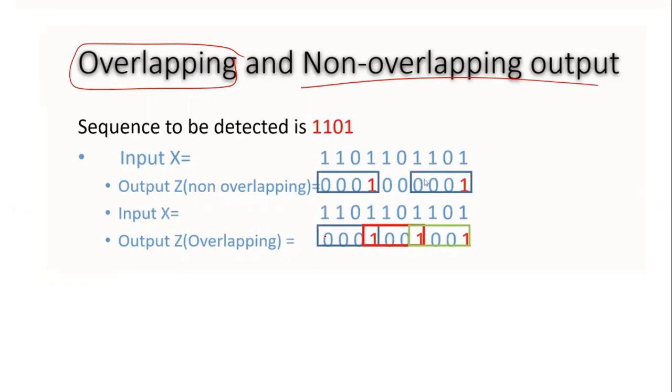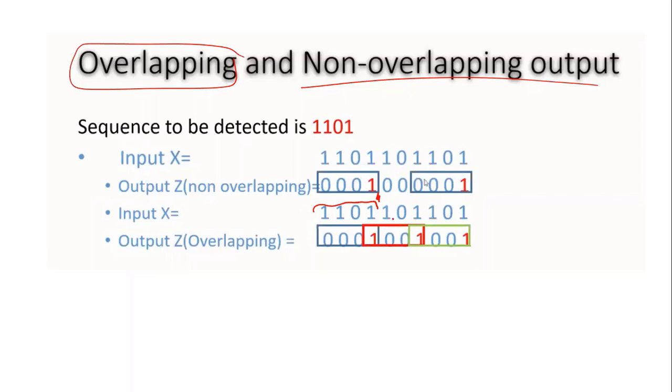Say for example, this is my input. If I am looking for a pattern 1101, then I will keenly watch this. Up to this point, you will get 1 here. And after that, this won't be the pattern which I am looking for, 1101.